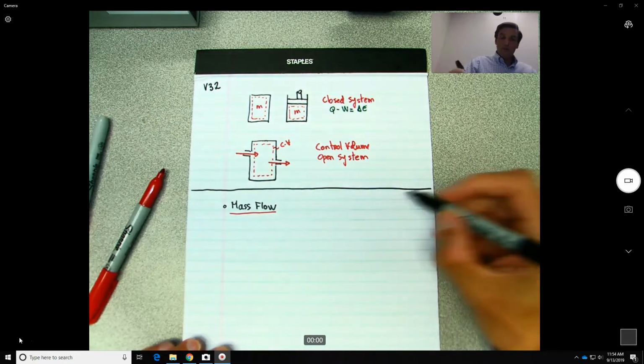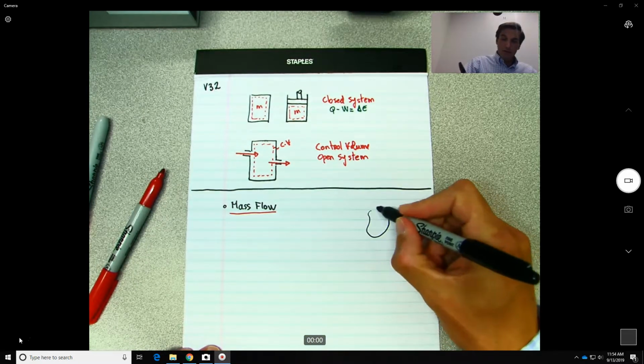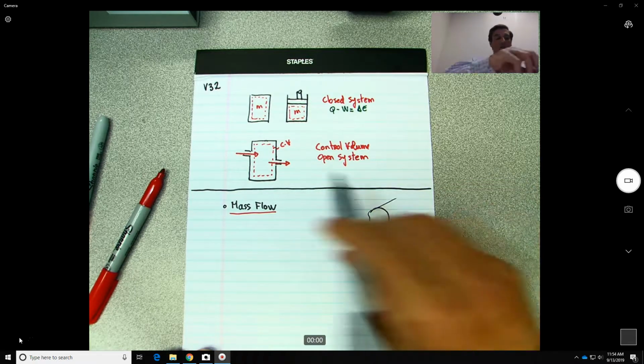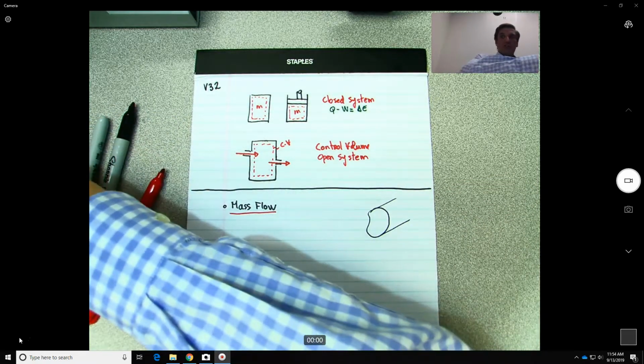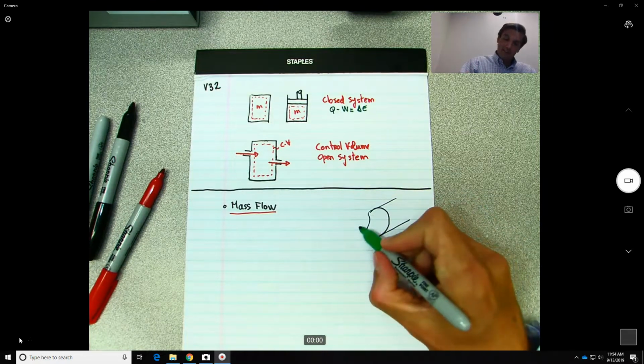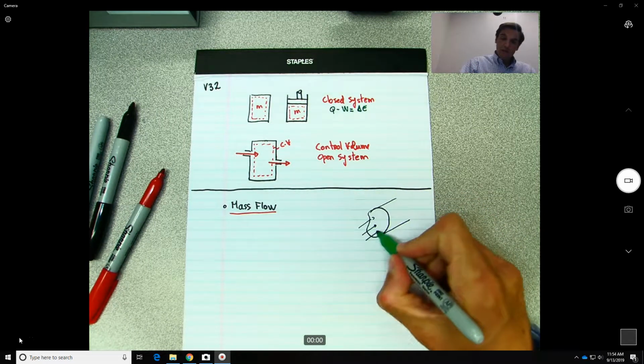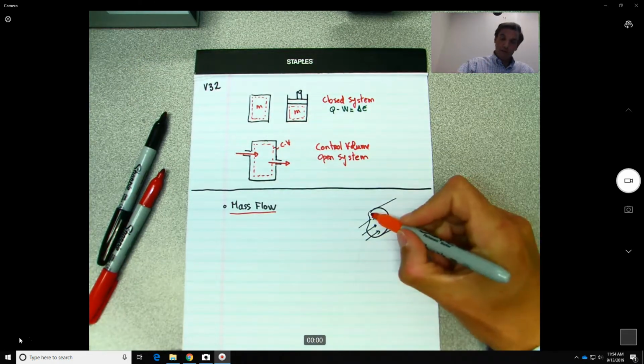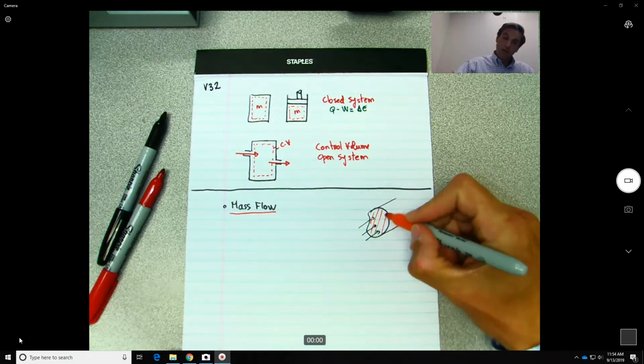What is a mass flow? Imagine you have some type of surface, so just think about a tube. You make a cut and you want to see how much substance is going to go through this area over here, the cross-sectional area.